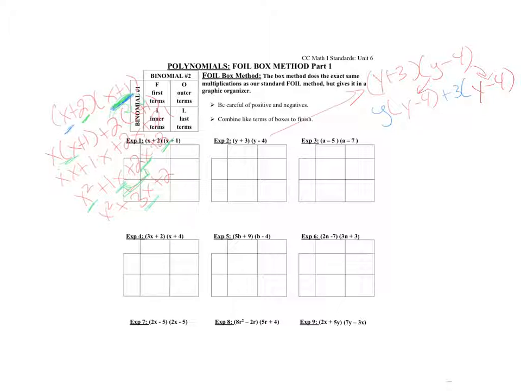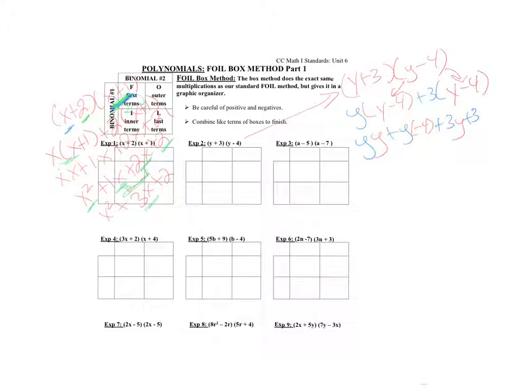All right, so from here, we're going to do y times y plus y times, and remember your sign, negative 4. And we're going to do the same thing with the other term. So plus 3 times y plus 3, I ran out of room again, 3 times negative 4.